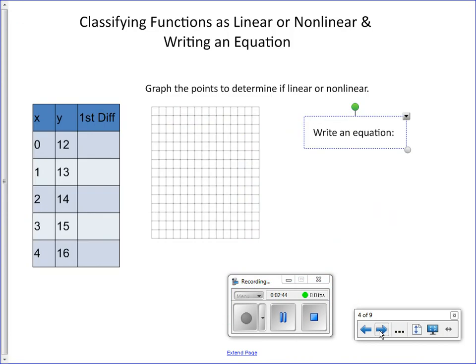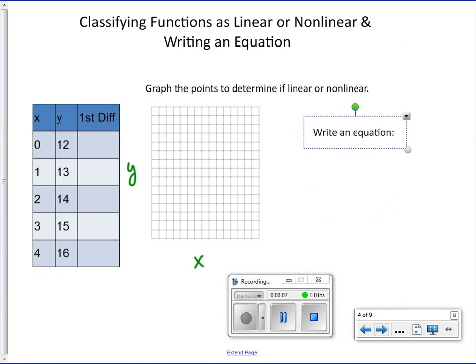All right, we're going to look at several examples of these. Okay, so here we go. We have a table with x and y, and the first thing that we're going to do is graph the points to determine if it's linear or nonlinear. So let's see, we have our x and our y.